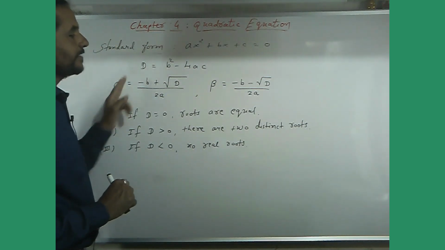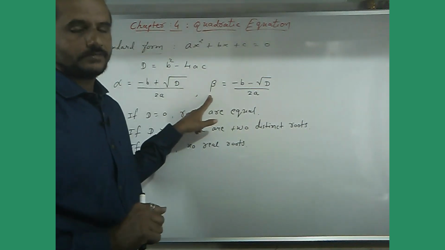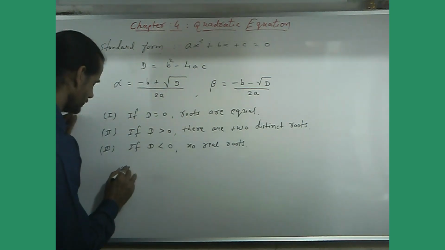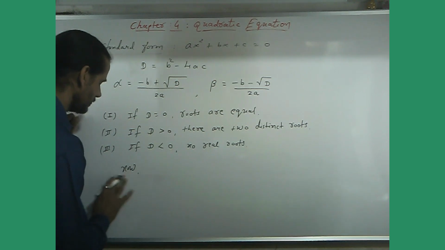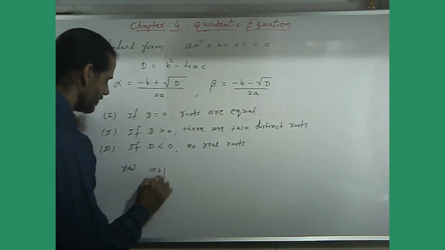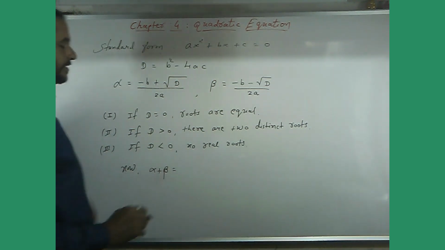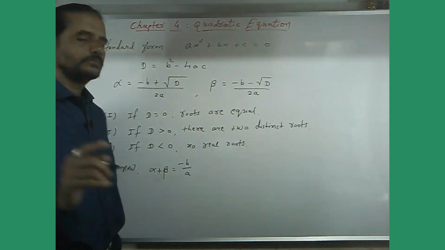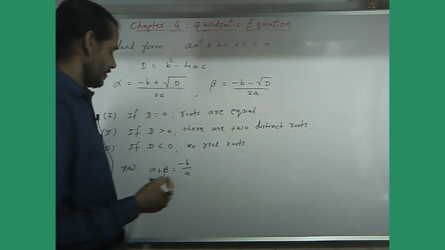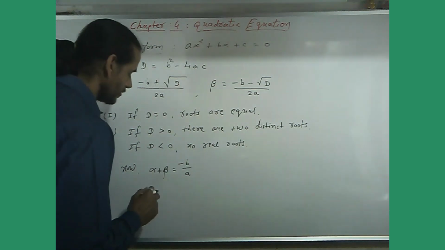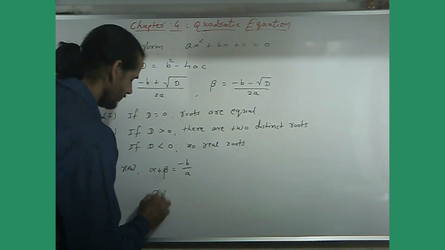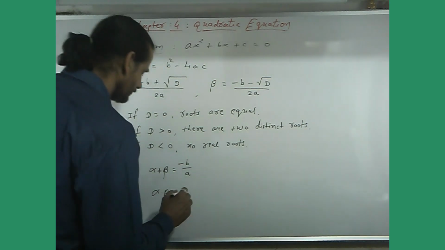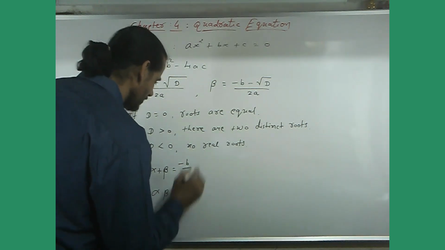Now, alpha plus beta is equal to minus b upon a. This is the formula, and alpha into beta is equal to c upon a.